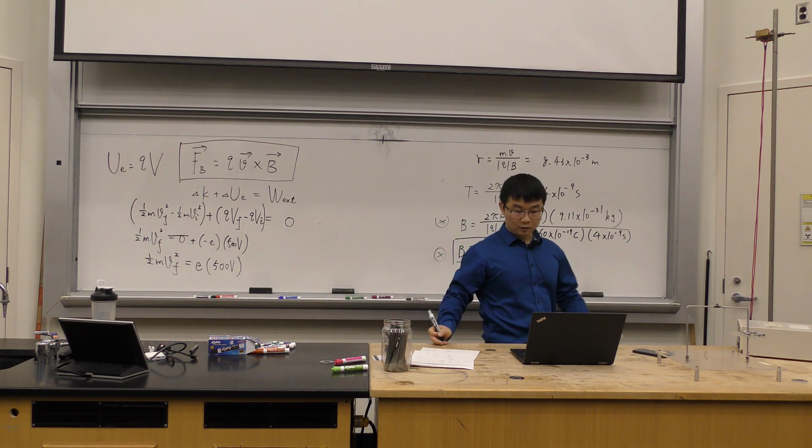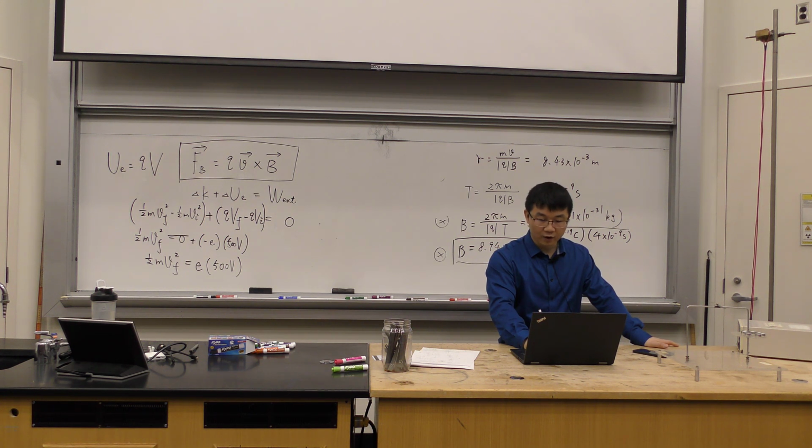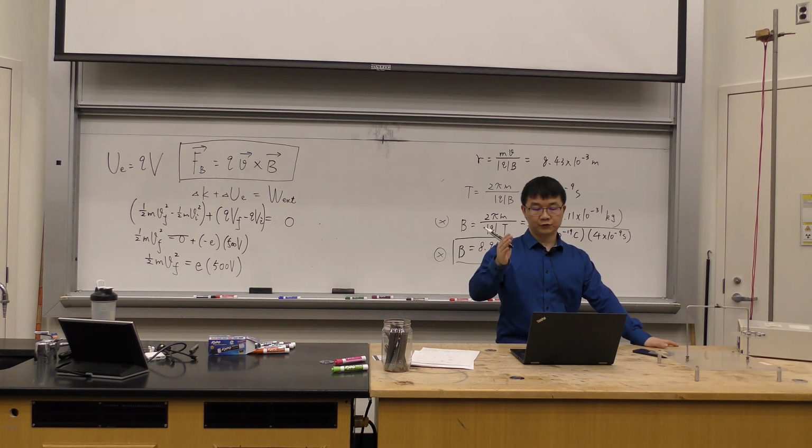A velocity selector is a device where two fields are set up in the same region. Both the magnetic field and the electric field are set up in the velocity selector, and that helps you select the particles with a certain speed you want.